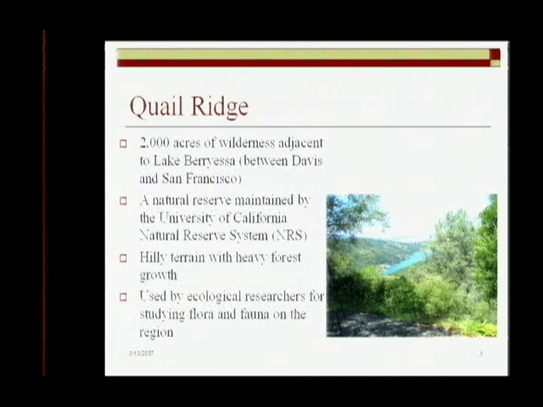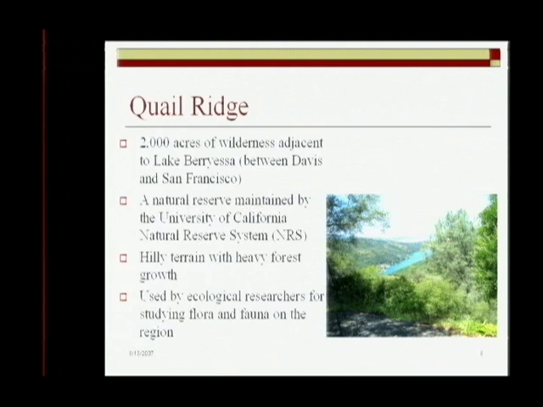It has very hilly terrain and heavy forest growth. So eventually, if we want to do some study on physical obstructions and those kinds of things, we have all the variability in here. The nice thing about this ridge is that the main purpose for which the ridge is being analyzed now is that it's apparently a gold mine for ecological researchers, because of the presence of some unique flora and fauna and some small endangered species of animals in there.